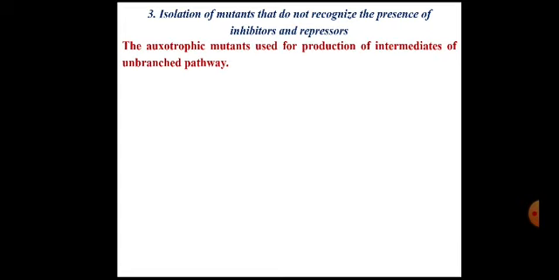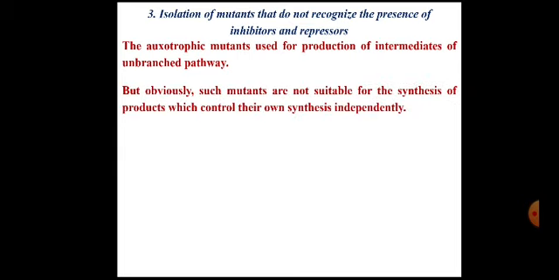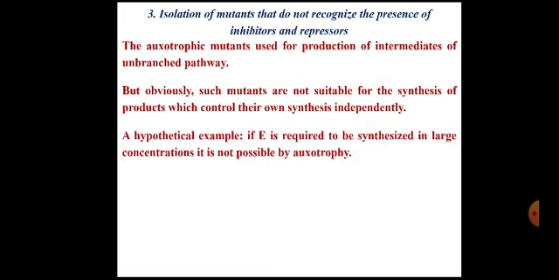The auxotrophic mutants are basically useful for the production of intermediates of an unbranched pathway, but obviously such mutants are not suitable for the synthesis of products which control their own synthesis independently. Say for example, this is the biochemical pathway, an unbranched biochemical pathway.